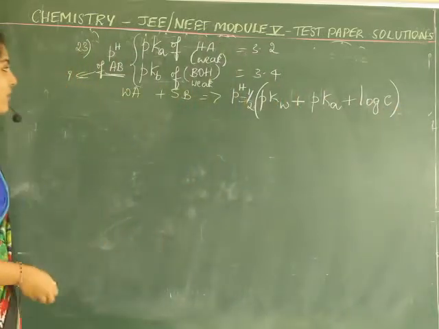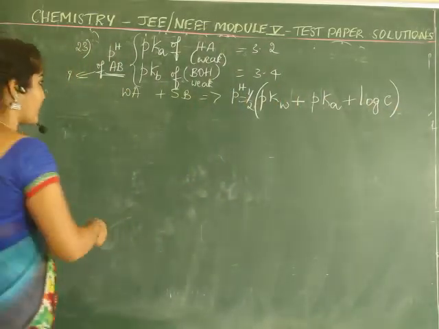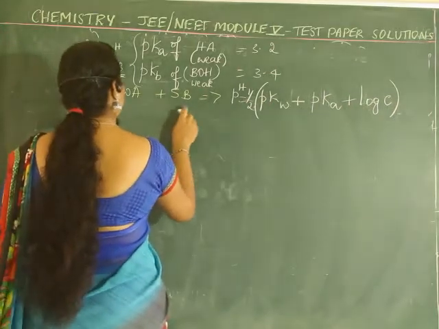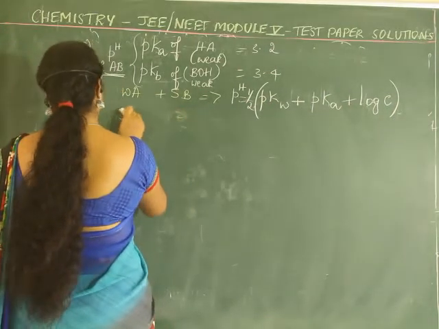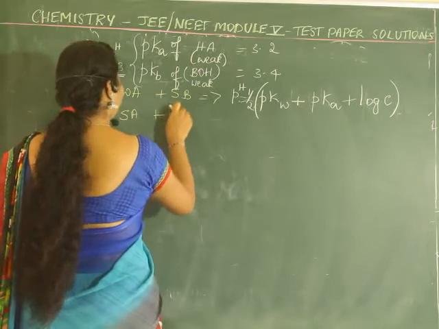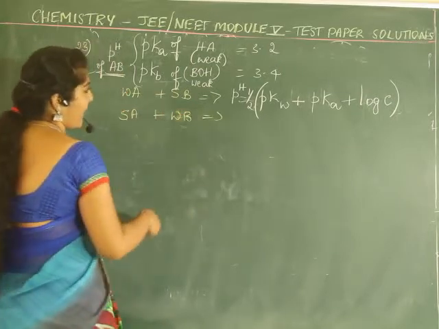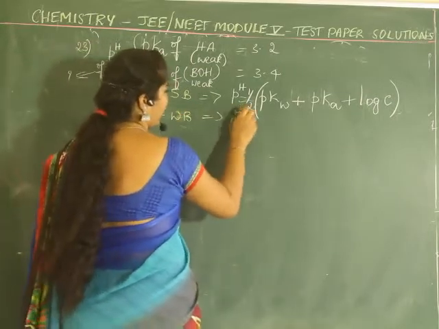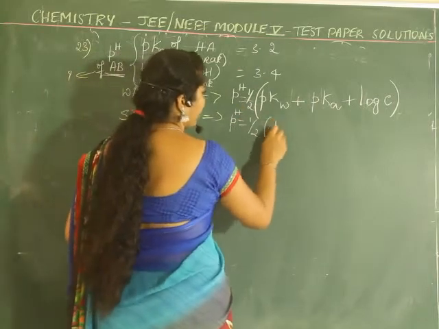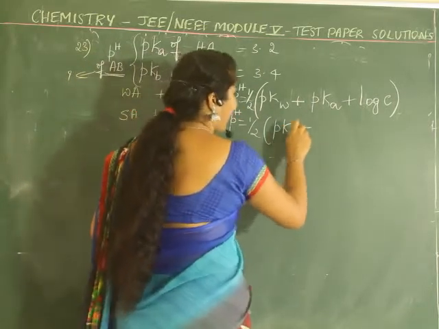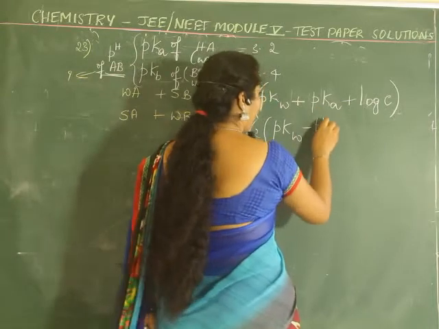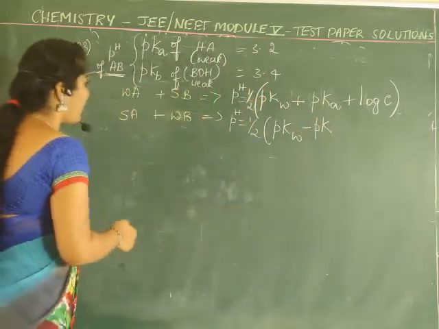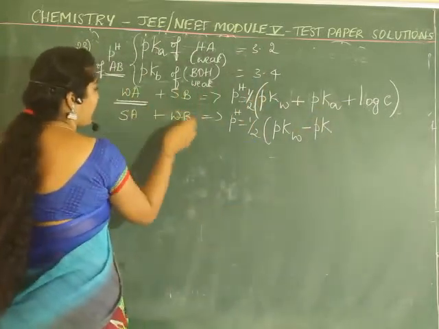Okay, that is for a weak acid and a strong base. If it is a strong acid and a weak base, remember, it will be the opposite. The pH is half pKw minus pKb, for the weak base. See, remember it this way.